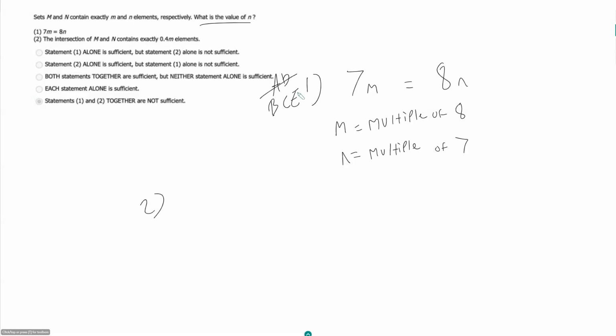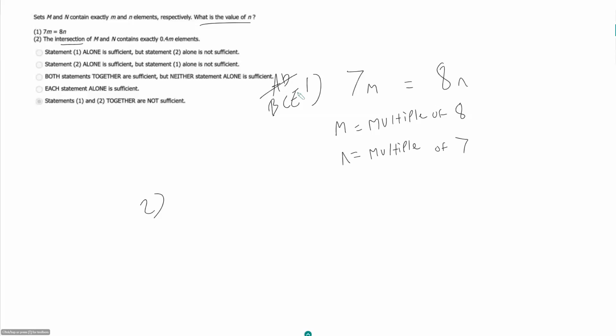Statement 2 says the intersection of set M and set N contains exactly 0.4M elements. I think this is the only GMAT question I've ever seen to use the word intersection in this context, in the context of sets of numbers.